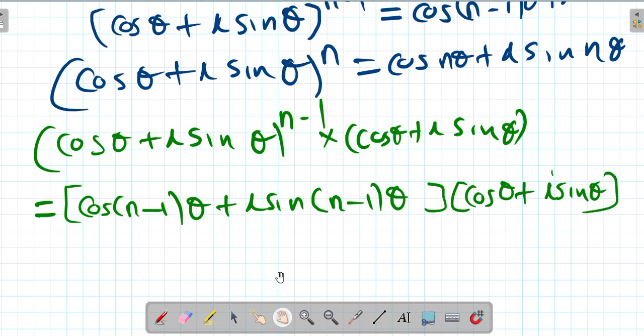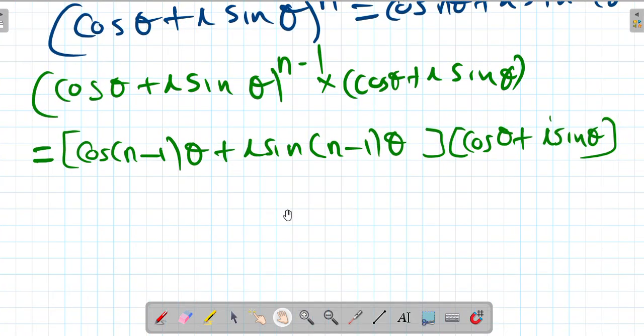Notice that if you multiply these terms, you're going to have the power n. So we're going to see now if this will be equal to this term. For us to be able to show that, we have to expand this term.